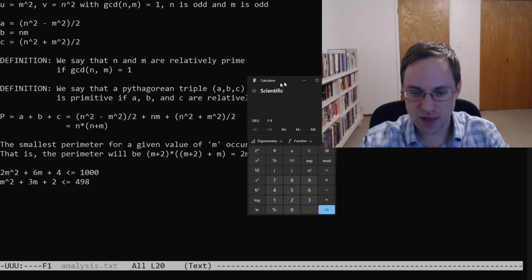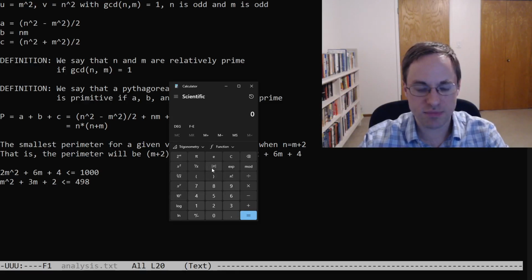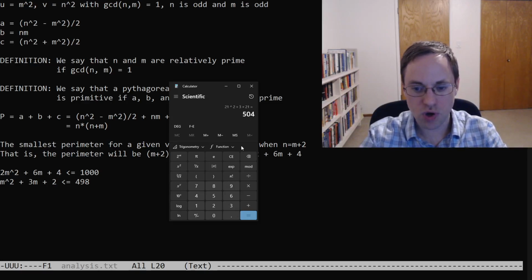So if we pull up our calculator here, we see that our value for m is going to be roughly the square root of 500. That's going to be roughly 10 times the square root of 5, or a little bit bigger than 20. And so that's going to be maybe 21 squared plus 3 times 21.